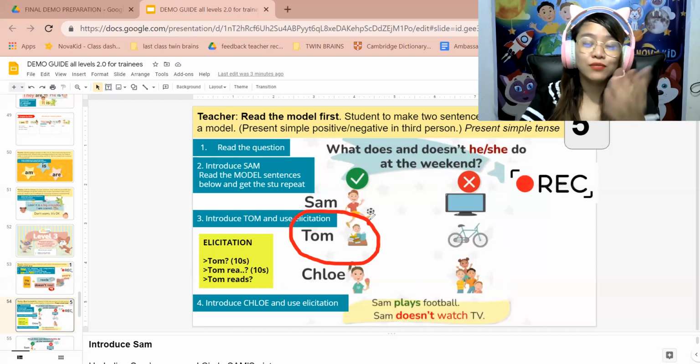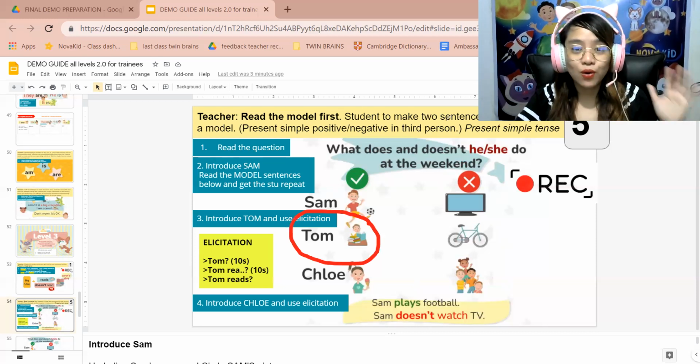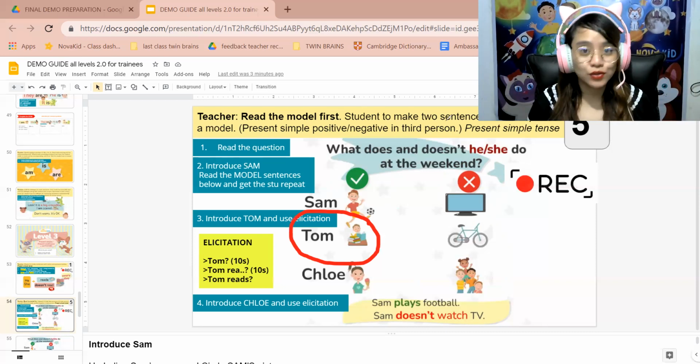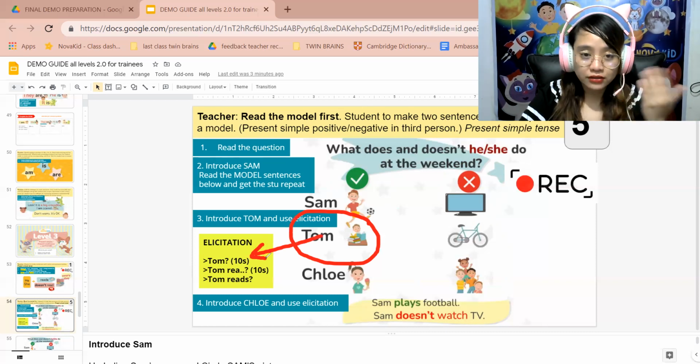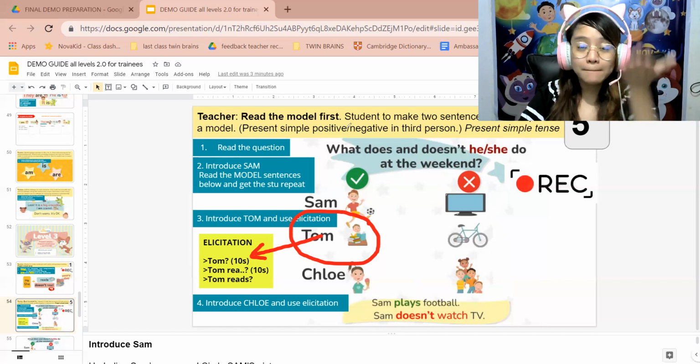This is Tom. Remember, teachers always ask the student to speak in a full sentence. So you can use a sentence starter. This is Tom. Okay. So you can say, or you can do the elicitation. Tom.